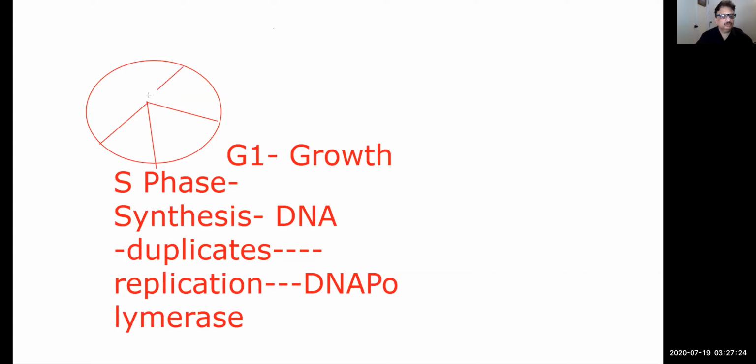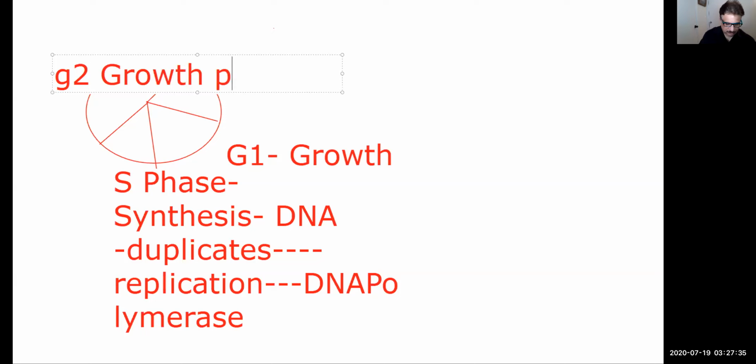In growth phase 2, cells are preparing for division.